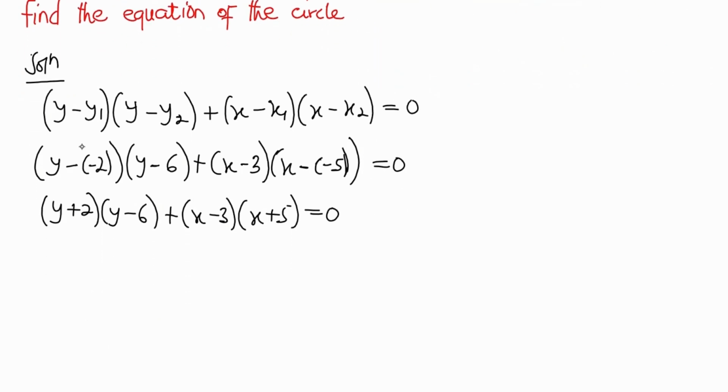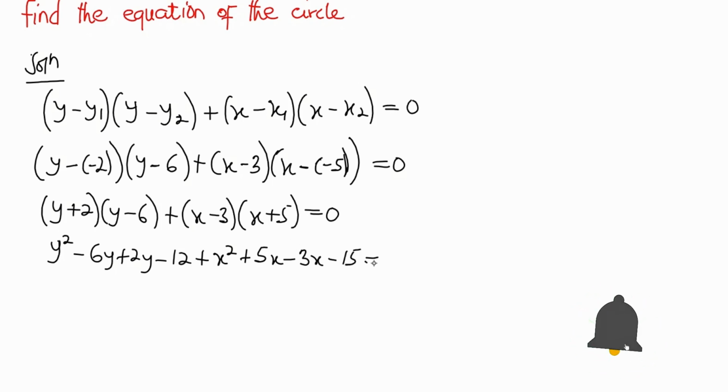So here we continue by writing y times y gives us y squared, and we can see that y times minus 6 gives us minus 6y, and y multiplied by 2 gives us plus 2y, and we can see that 2 multiplies minus 6 gives us minus 12. Plus, now x multiplies x gives us x squared. Now x multiplies 5 gives us plus 5x, and we can see that minus 3 multiplies x gives us minus 3x, and minus 3 multiplies 5 gives us minus 15, which is equal to 0.